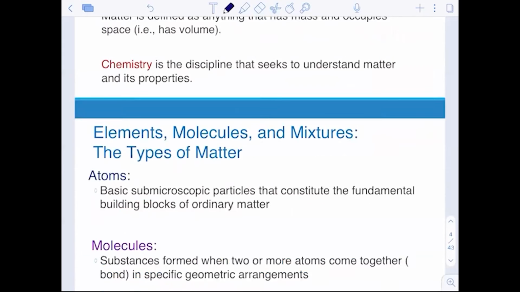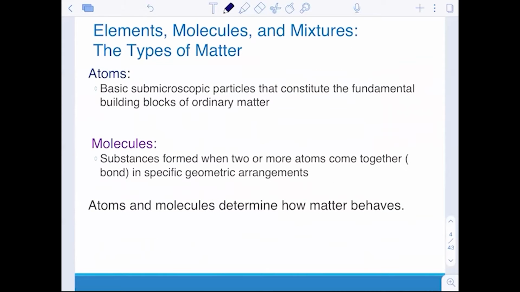And so, again, a couple of definitions, I apologize, but when we start to communicate these things in these chapters, we really want to make sure that we're using the correct terminology. So atoms: basic submicroscopic particles that constitute a fundamental building block of ordinary matter. What does that mean? They're atoms.